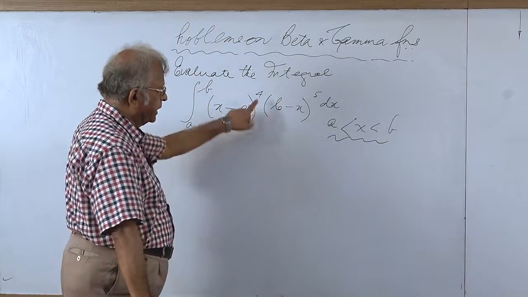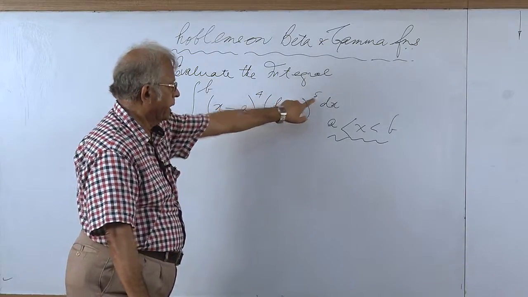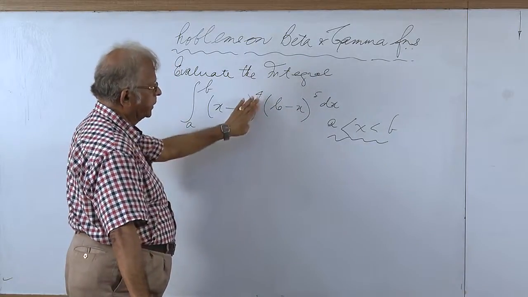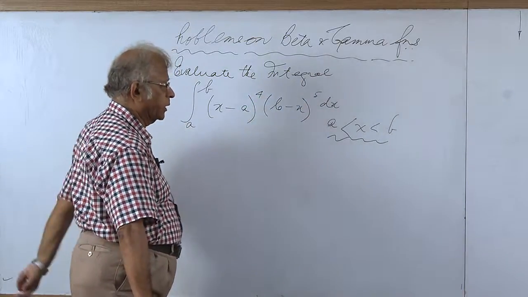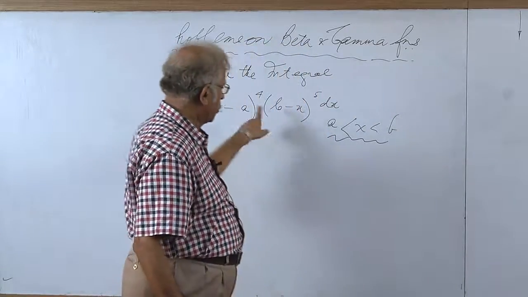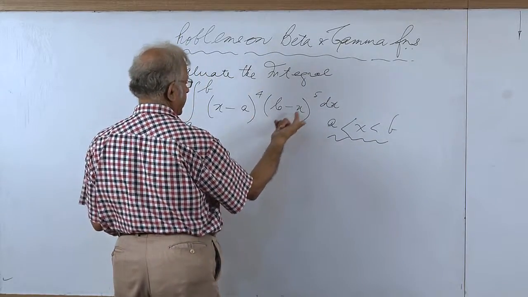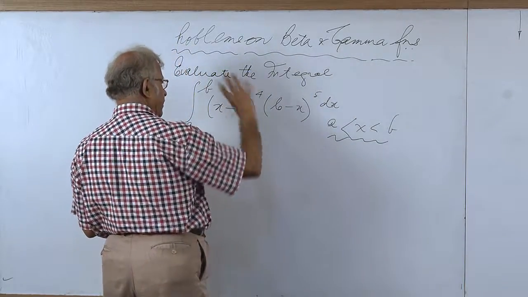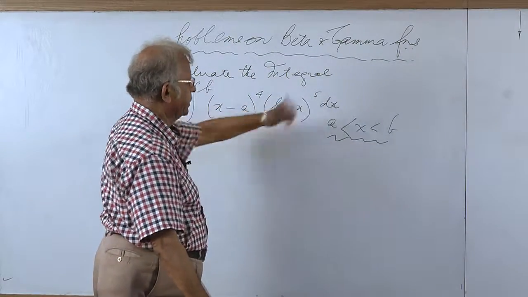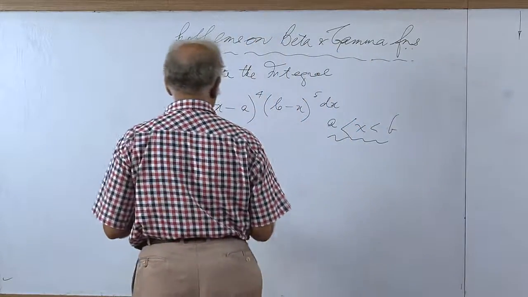Now, we could have taken general indices m and n here, or p and q, but I thought I'll keep some integral values so that the process emerges in a simpler way. We can always do that. So that will be in terms of a, b, m and n, but here I have given specific values to m and n. M is 4 and n is 5. So we will see how to go about this.